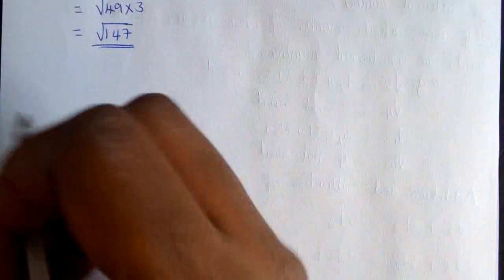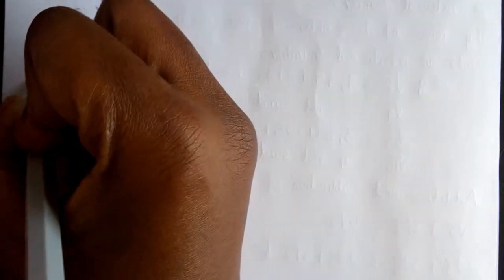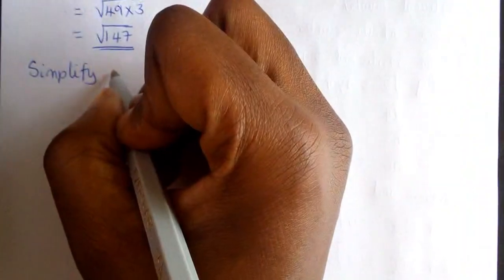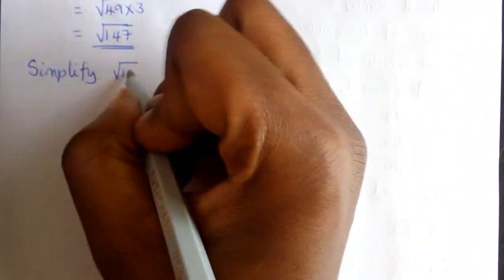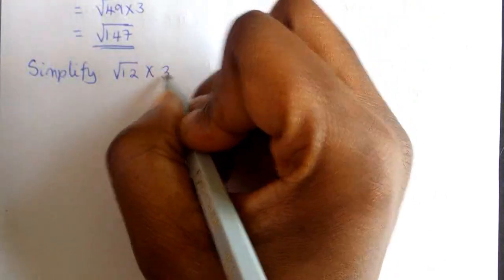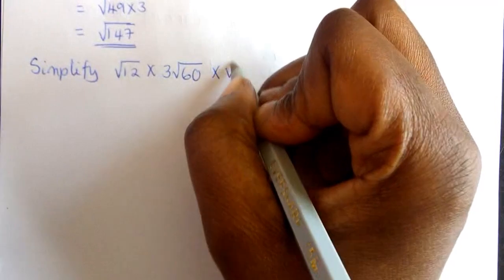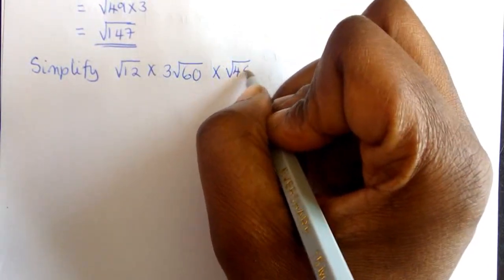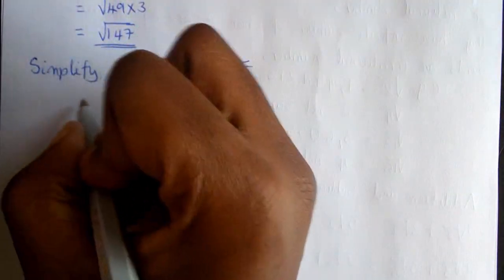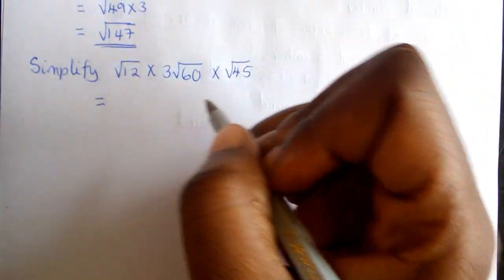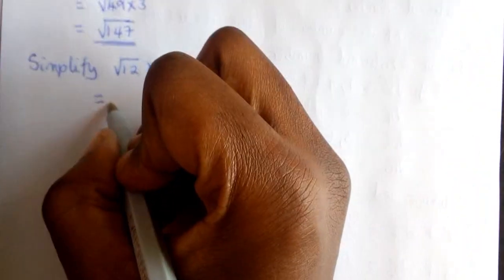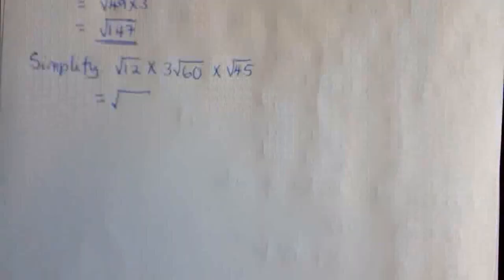Our last example on multiplication: simplify the square root of 12 times 3 square root of 60 times square root of 45. This is equal to, first we write the square roots as products of their factors.